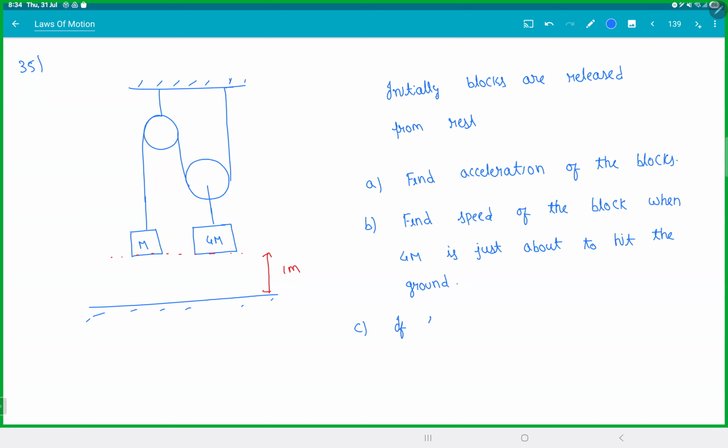If 4m hits the ground and stops, find the maximum height reached by the m block from the ground level.